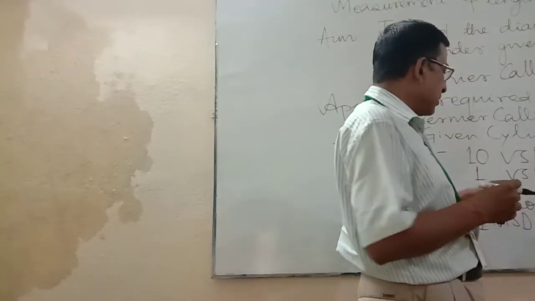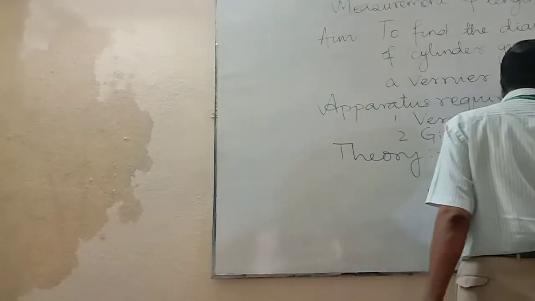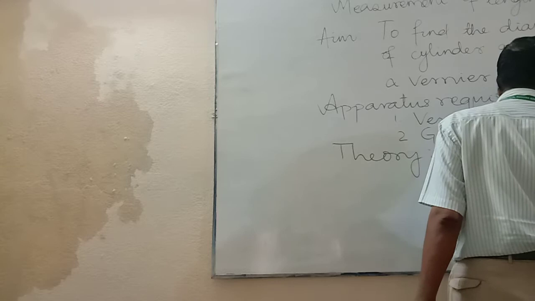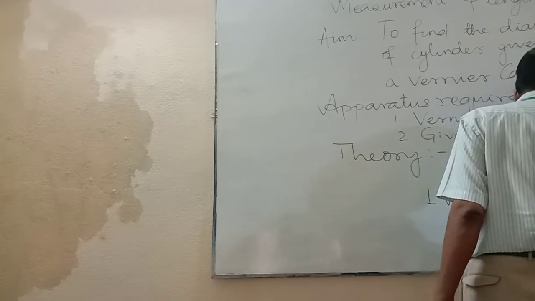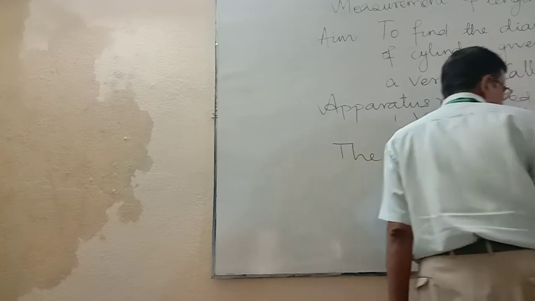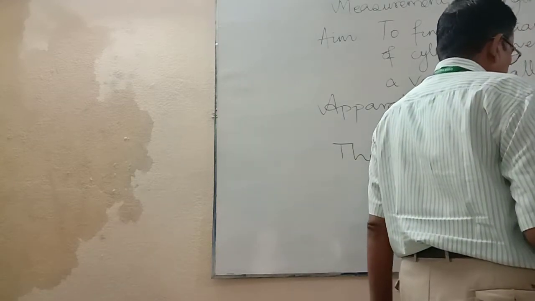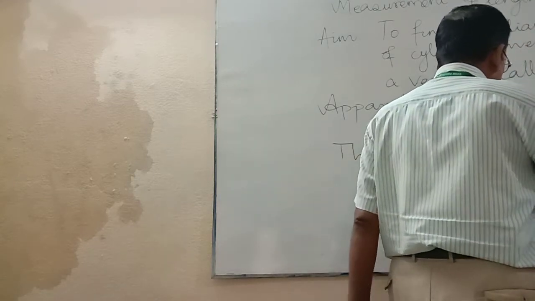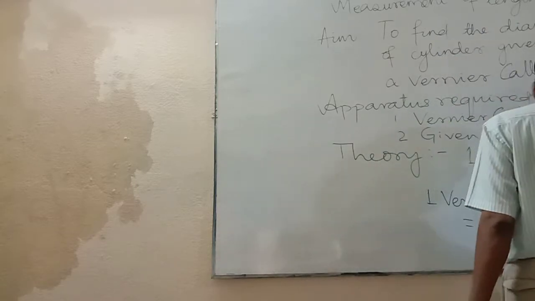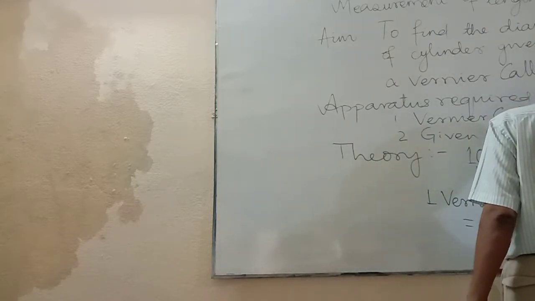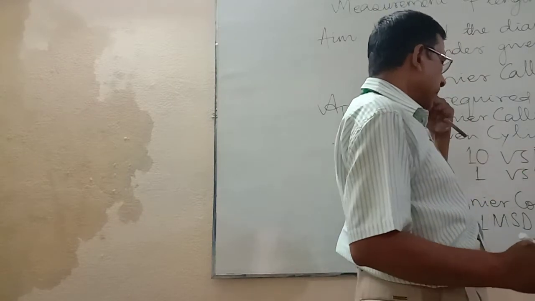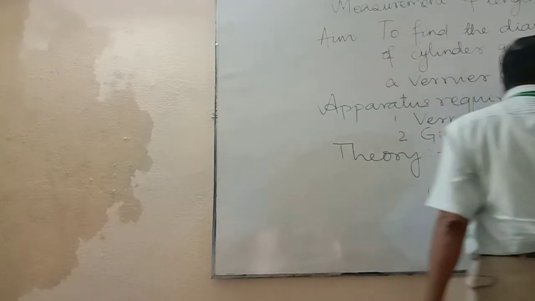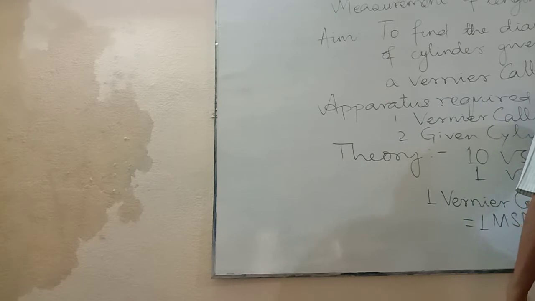1 MSD, you know, is 1 millimeter, that is 1 by 10 centimeter. Then minus 1 VSD. 1 VSD means 9 by 10 MSD, then 9 by 100 centimeter.